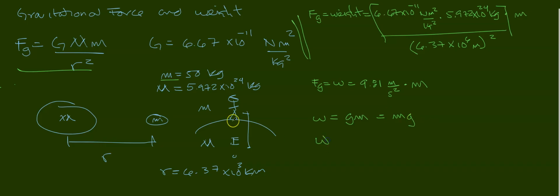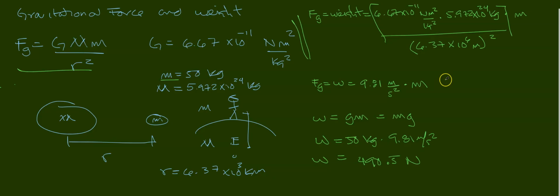So the weight of a 50 kilogram person will be 50 kilograms times 9.81 meters per square second, or 490.5 newtons. Notice then that the 9.81 is directly linked, well, to the universal constant, but also to the mass of the Earth and the radius of the Earth.